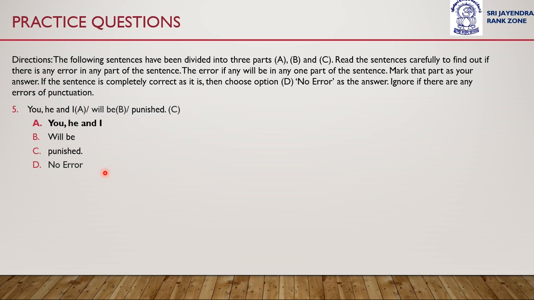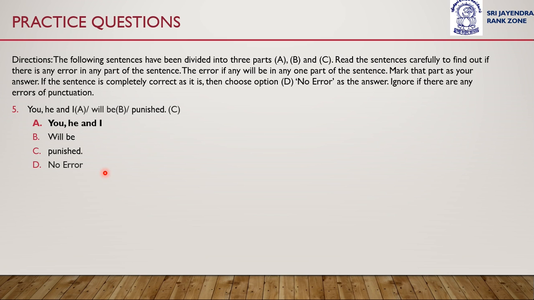Next question. You, he and I will be punished. This is the sentence. Please identify the error. You have 10 more seconds. So the four options are you, he and I will be punished.